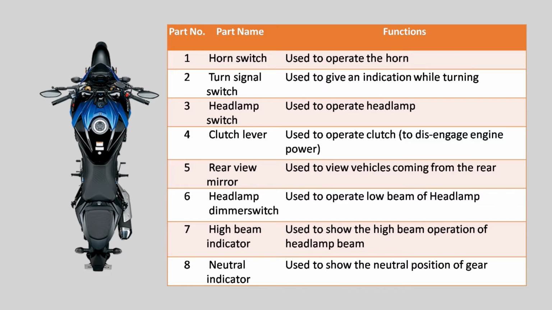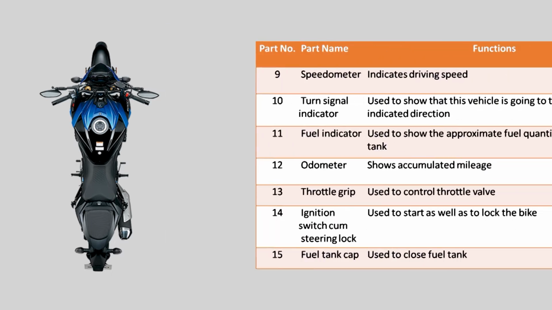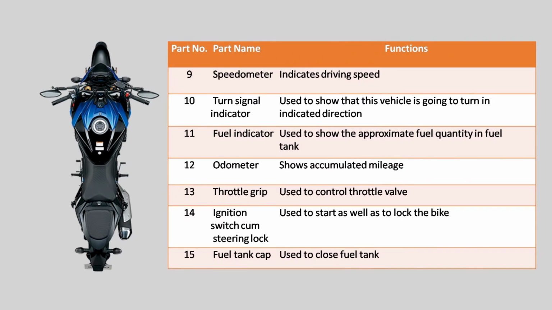Some other important parts are the speedometer. As the name indicates, it indicates the driving speed of the motorcycle. Then turn signal indicator. It will give indication to the person who is coming from the back whether the motorcycle is turning left or turning right.